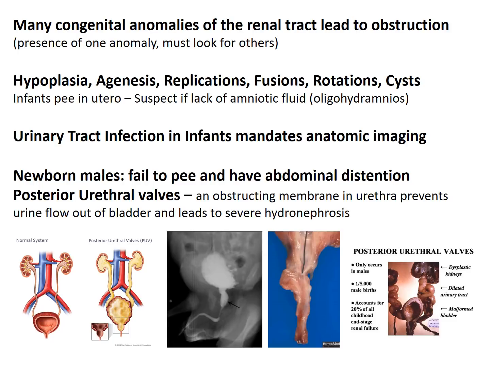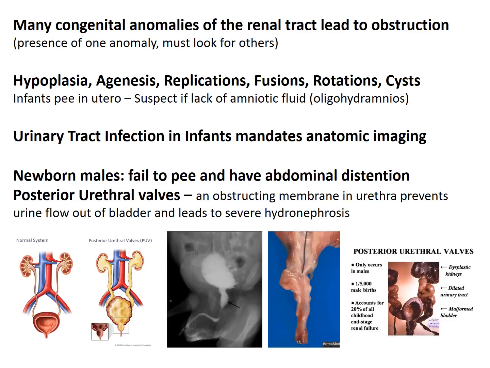What else can I say about renal anomalies in the newborn? Oligohydramnios, a lack of amniotic fluid. Remember, in utero, the fetus is peeing, and as they pee, you develop amniotic fluid.